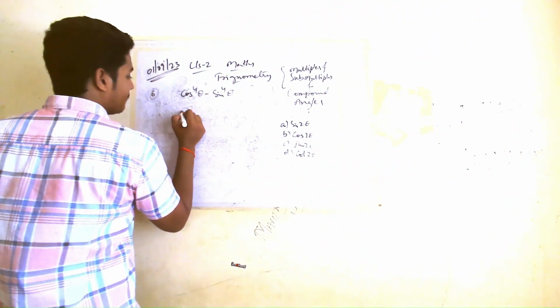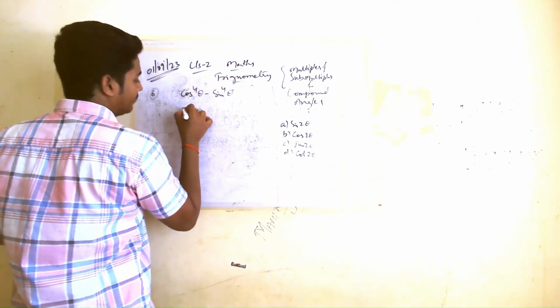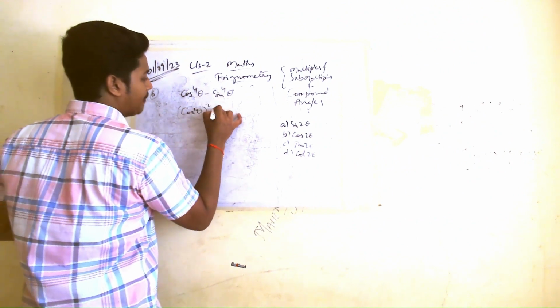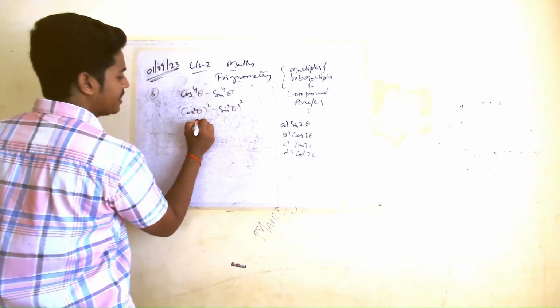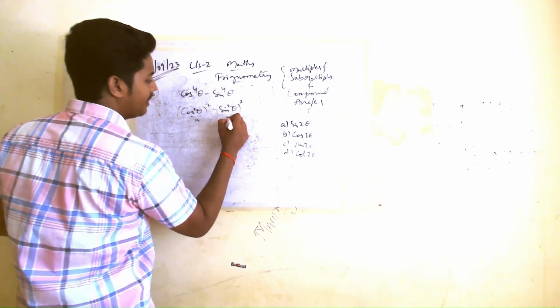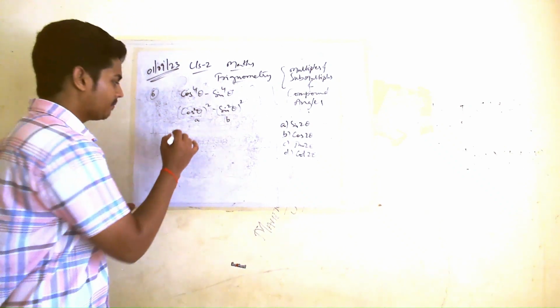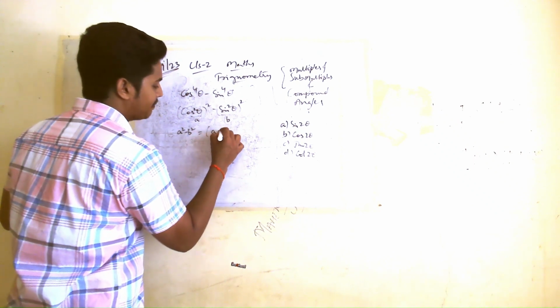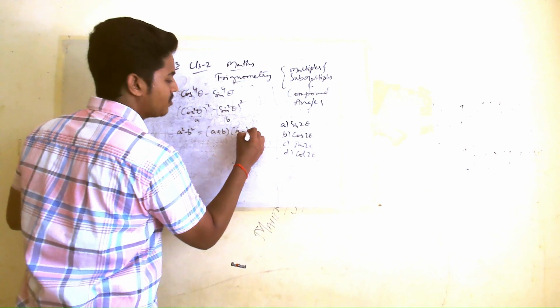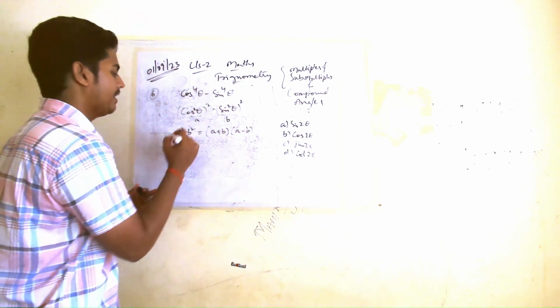Now I will apply. See, (cos square theta) whole square minus (sin square theta) whole square. If I assume this as my a and this as my b, it is a square minus b square, right? Our basic formula for a square minus b square is (a plus b) into (a minus b). So the same thing I am going to apply here.